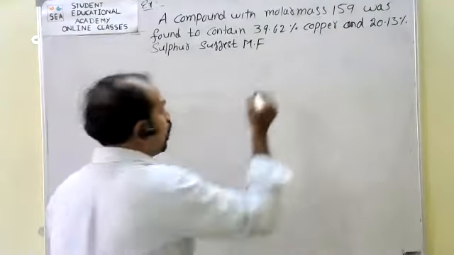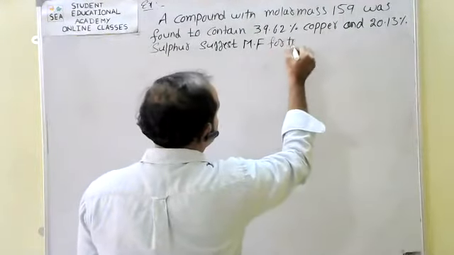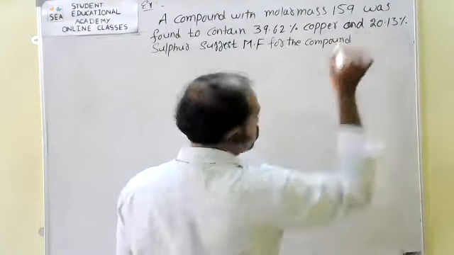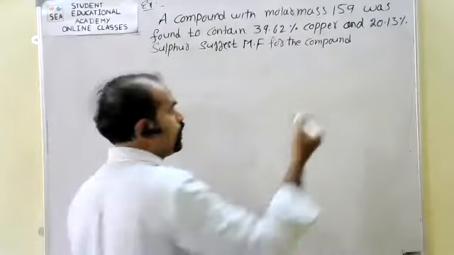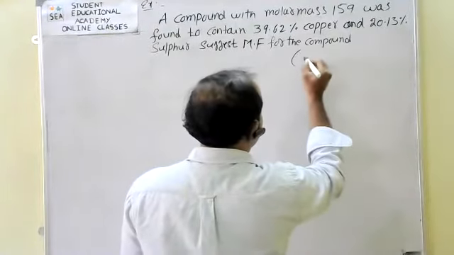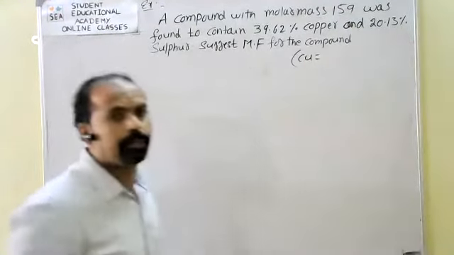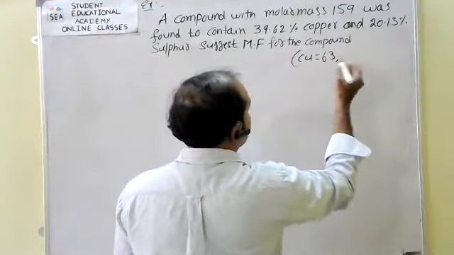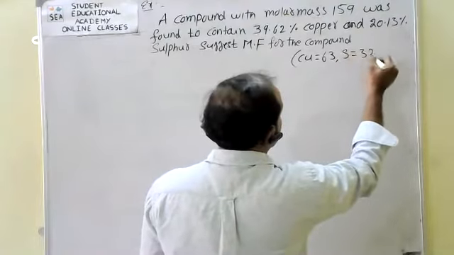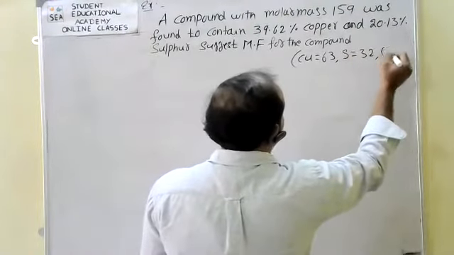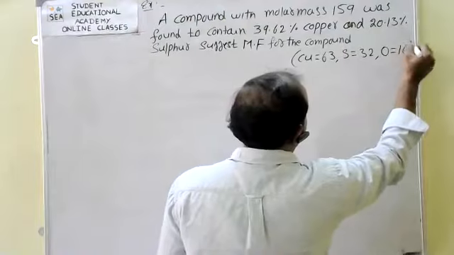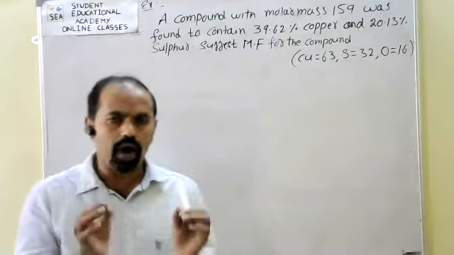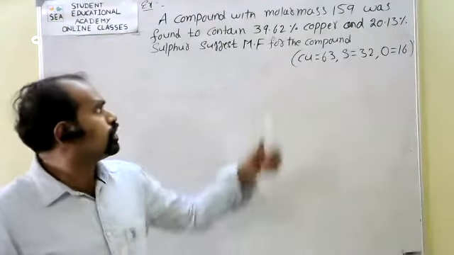Here, within brackets, they are given the atomic masses: copper 63, sulfur 32, and oxygen 16. See what they are asking here.